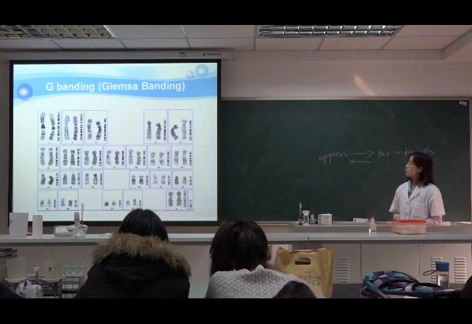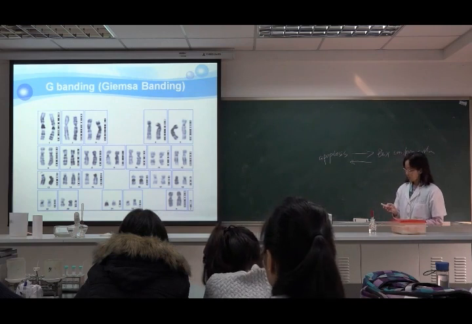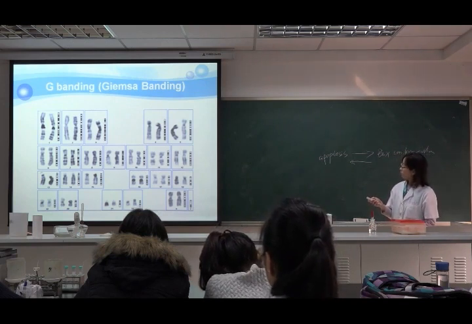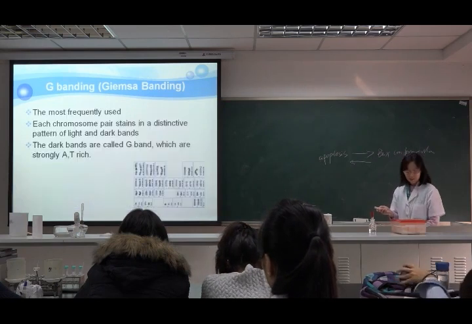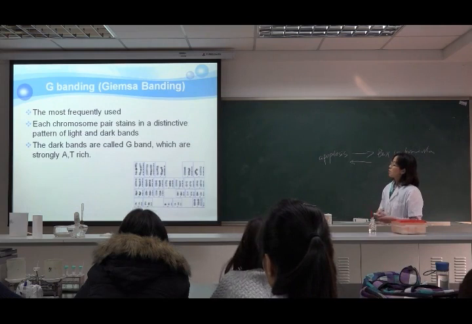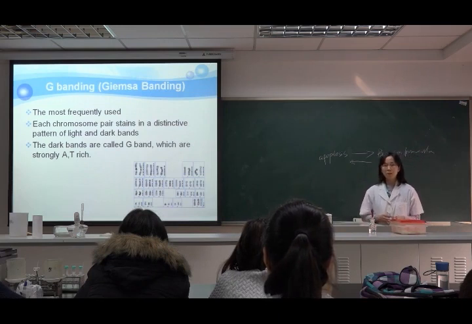First is G-side banding. We also call it G banding. We can say this is the real chromosome, and this is the mimic one. G banding is the most frequently used, because the sample can be kept for a long time.